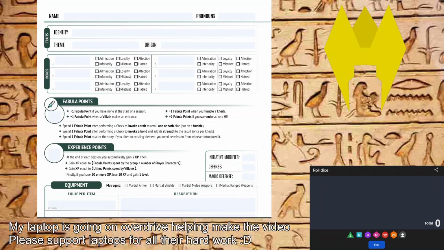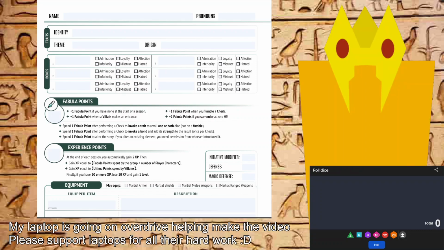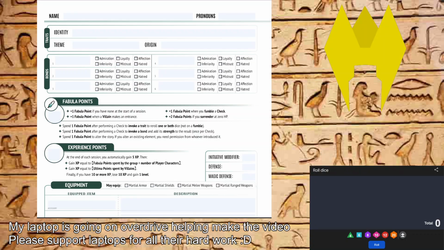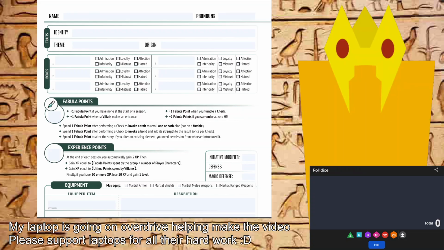So let's start off with our core concepts. You can choose or roll up to 2 of these for core concept and adjective. For the detail, you can either not do it or choose just one.